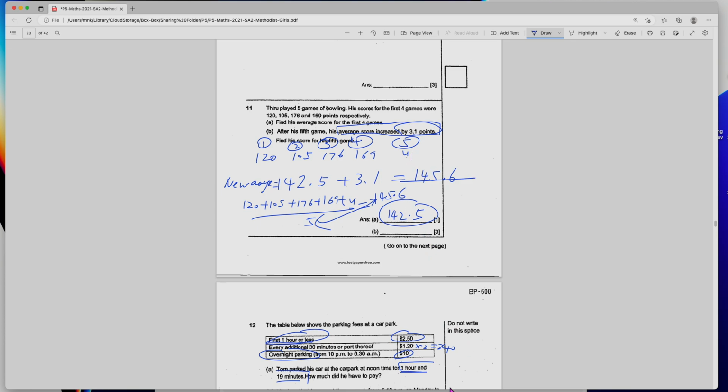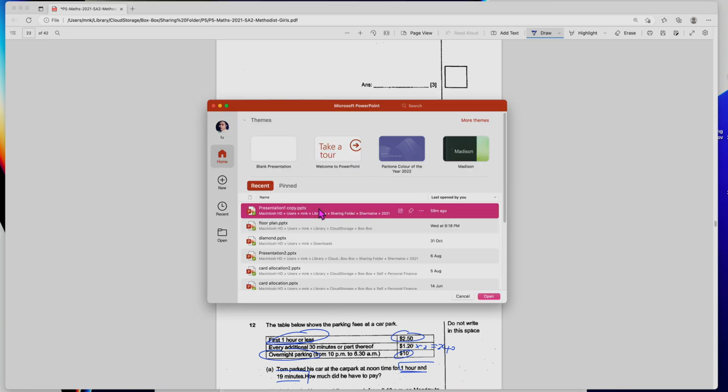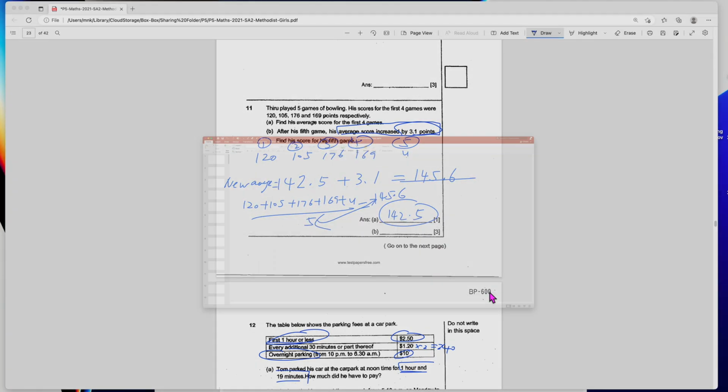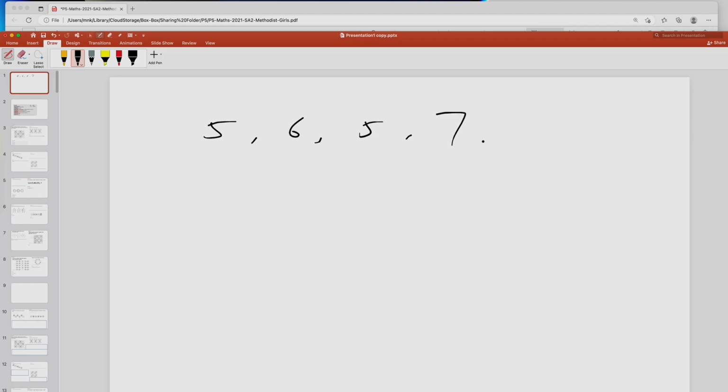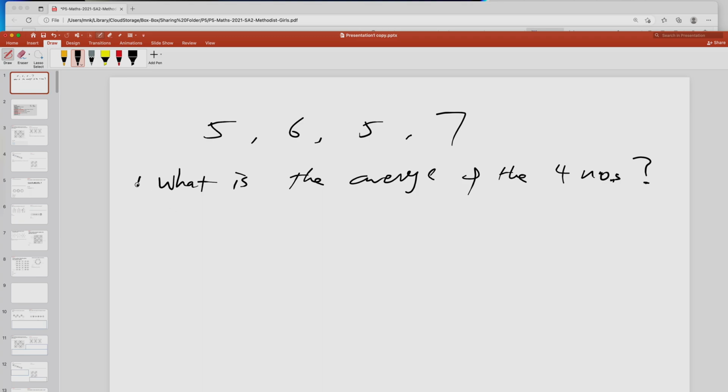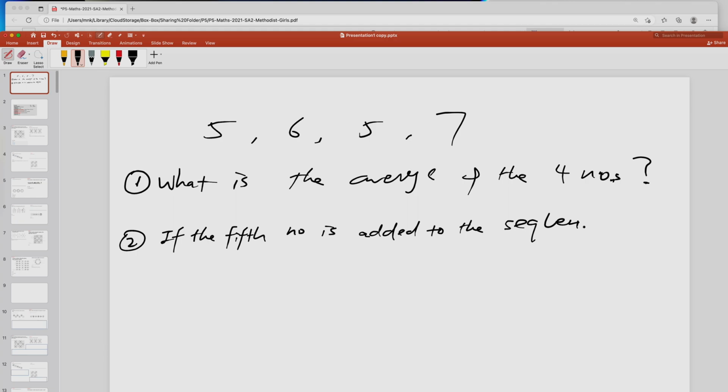So I'm going to give you a similar question now. But I mean, by the way, this is called a sequence.